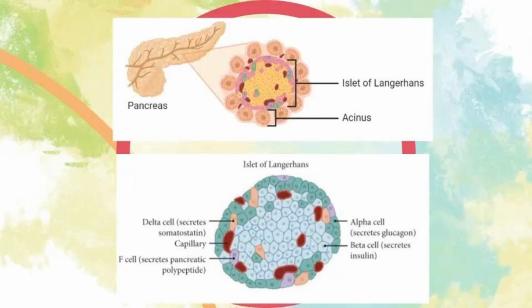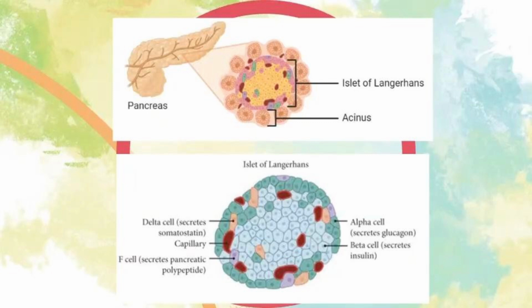What we really need to concentrate on is the alpha cells and the beta cells. The alpha cells secrete glucagon, and the way I like to remember that is that alpha has an A, so it secretes glucagon, with the A in glucagon, and then beta cells secrete insulin.